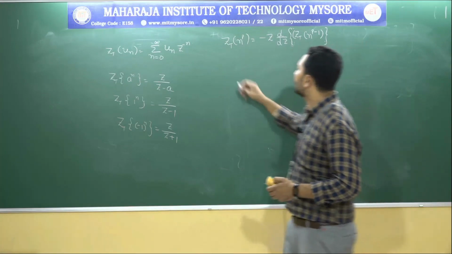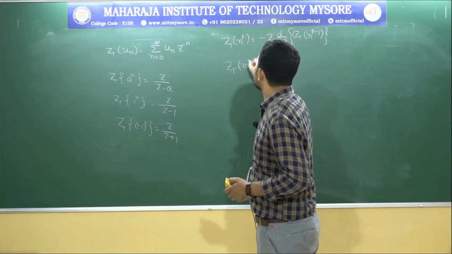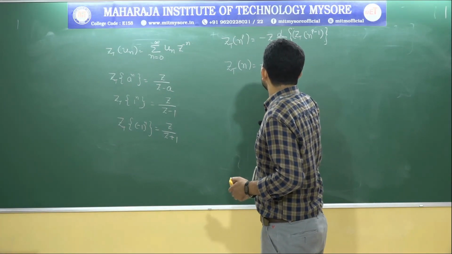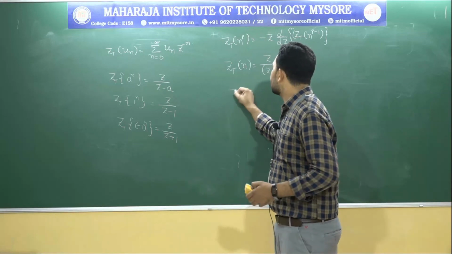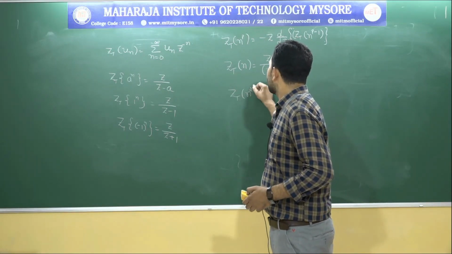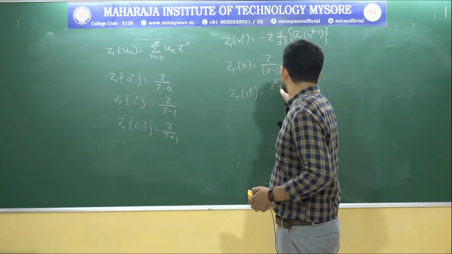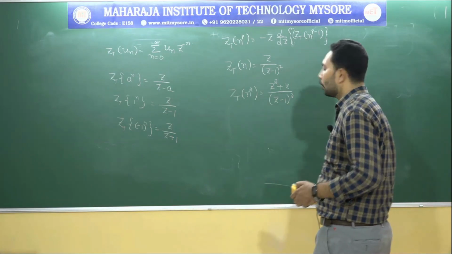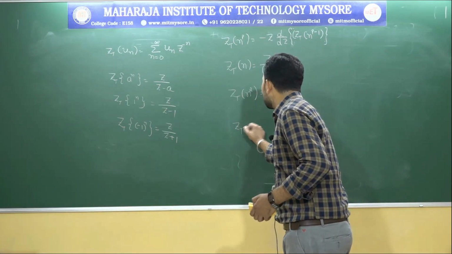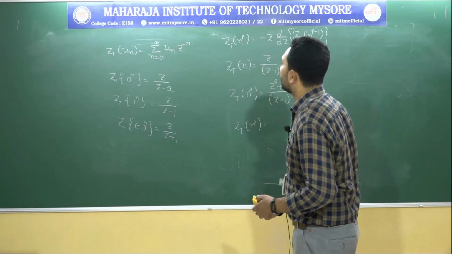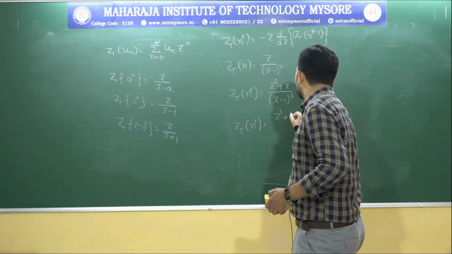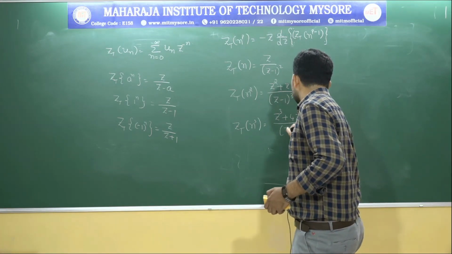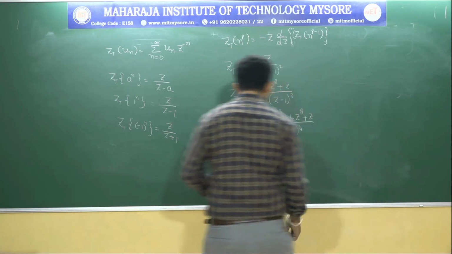So by using this result we have solved the z transformation of n, that is z divided by z minus 1 whole square. Next, the z transformation of n square, that is z square plus z divided by z minus 1 whole cube, and finally the z transformation of n cube, that is z cube plus 4z square plus z divided by z minus 1 power 4.